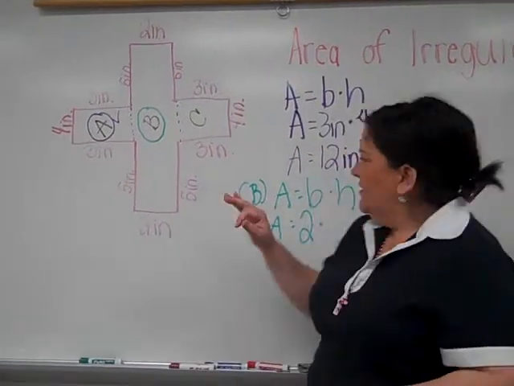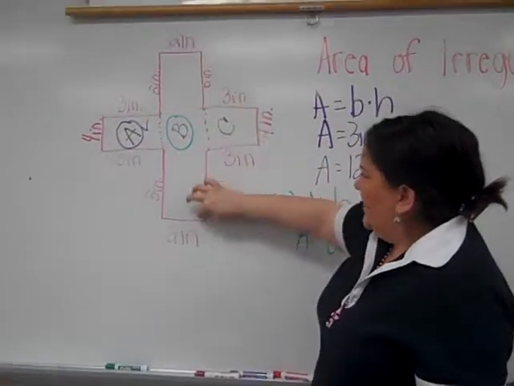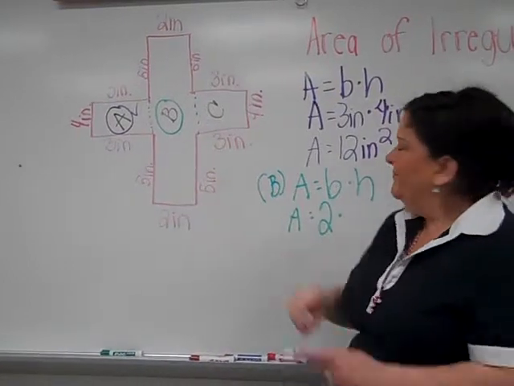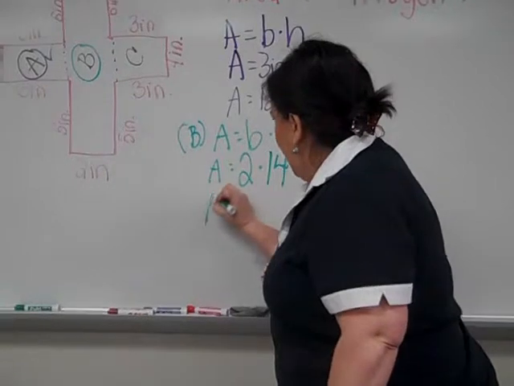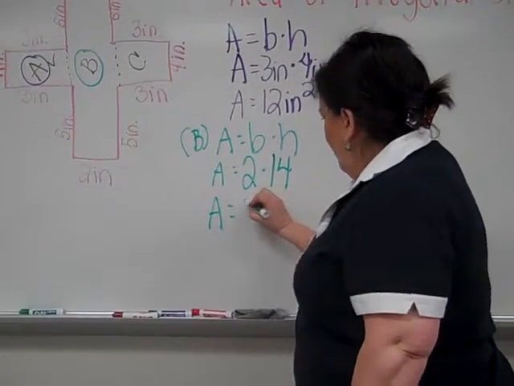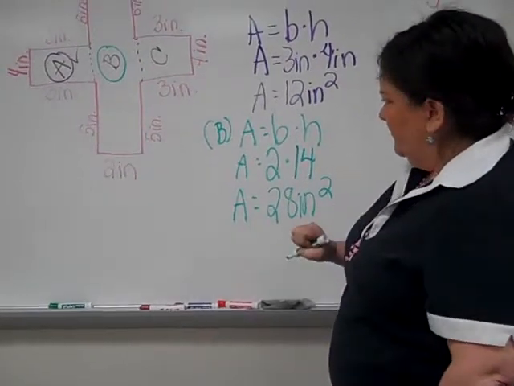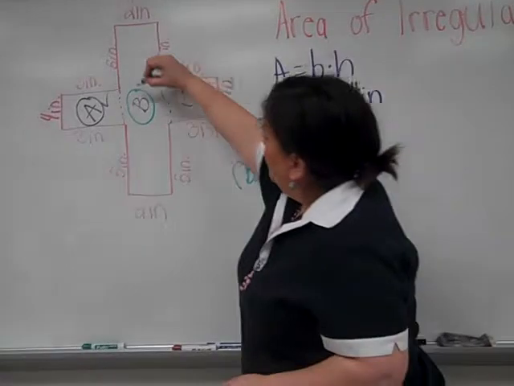In other words, use the numbers they give you to solve, because it doesn't necessarily say that this is 14 inches. And then the area for shape B would be 28 inches squared. So we're cool with B.